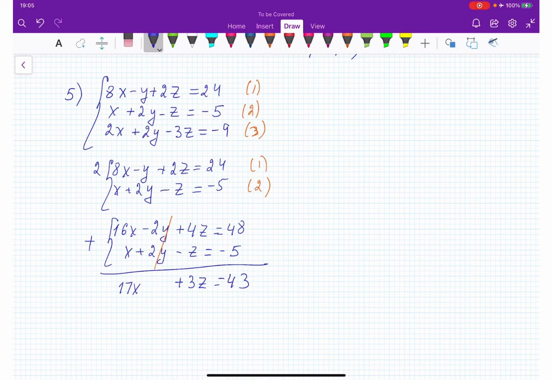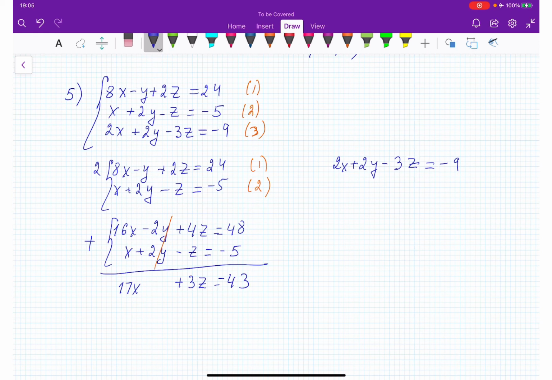Now we need to use the third one, which is 2x plus 2y minus 3z and equal to negative 9. Which one to use here? We need to get rid of y, right? To keep x and z.